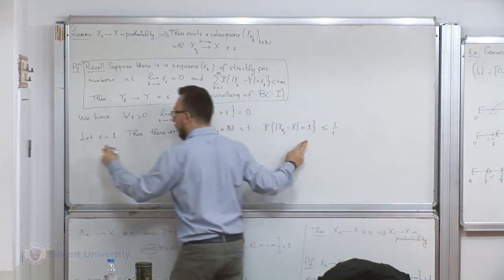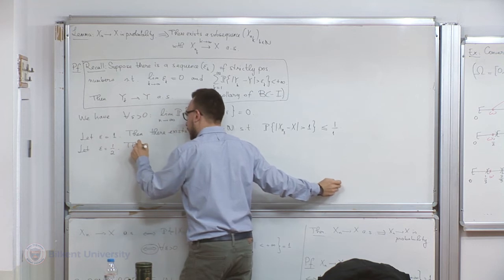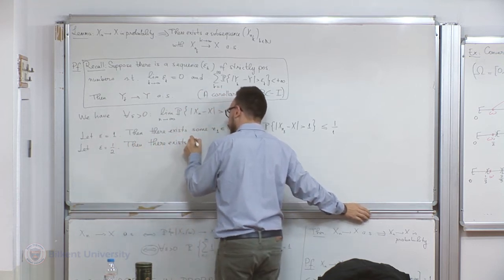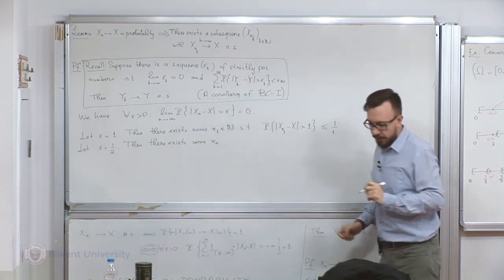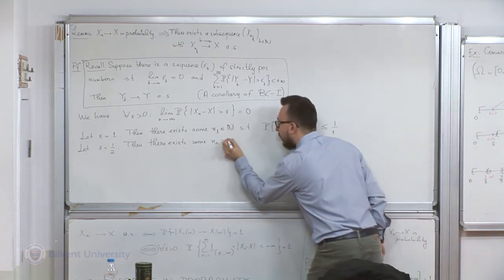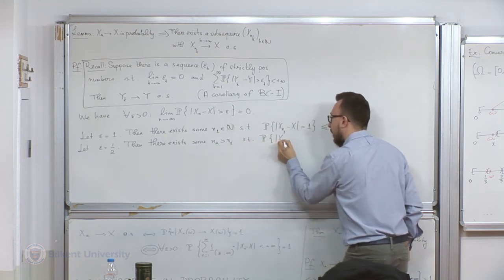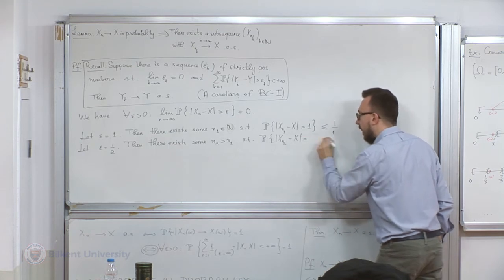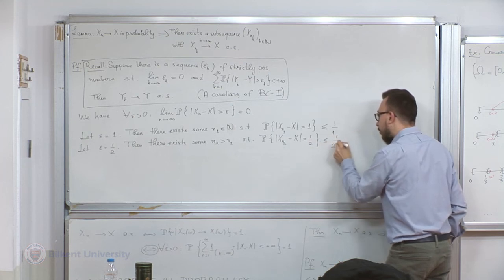This looks maybe meaningless, so let me do it for 1 over 2. Then there exists some n2, and I can certainly pick it greater than n1, such that the probability that |x_{n2} minus x| is greater than 1 over 2 is less than 1 over 2 to the power 2.